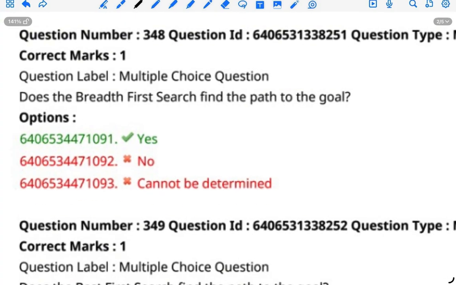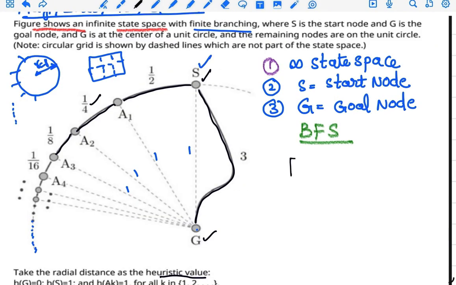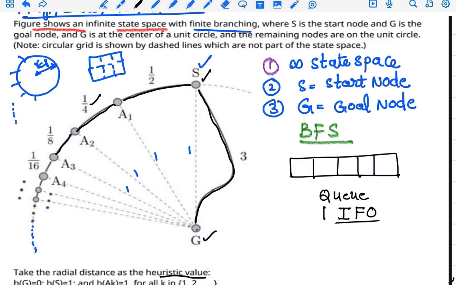And the question is, does BFS, breadth first search, find the path to the goal? So BFS uses a queue, right? It works on FIFO, first in first out. So you can remove the elements at this end.